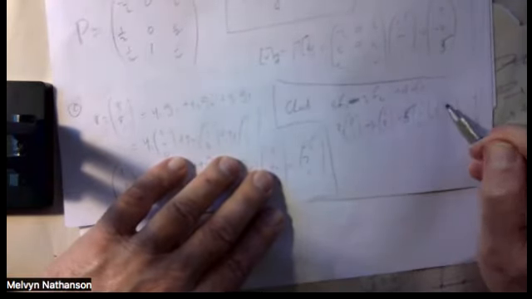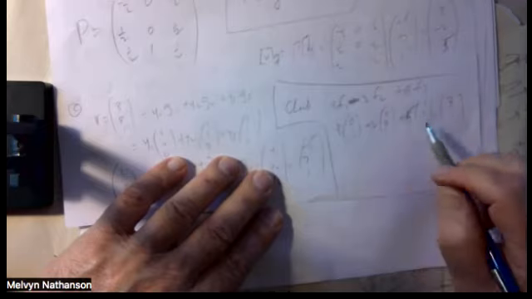Let's see if that's better. So I get minus 2 plus 5 is 3. 3 plus 5 is 8. 3 minus 2 is 1. 3, 8, 1. And that's exactly what I started with. So a miracle has happened, and this looks like it's correct.